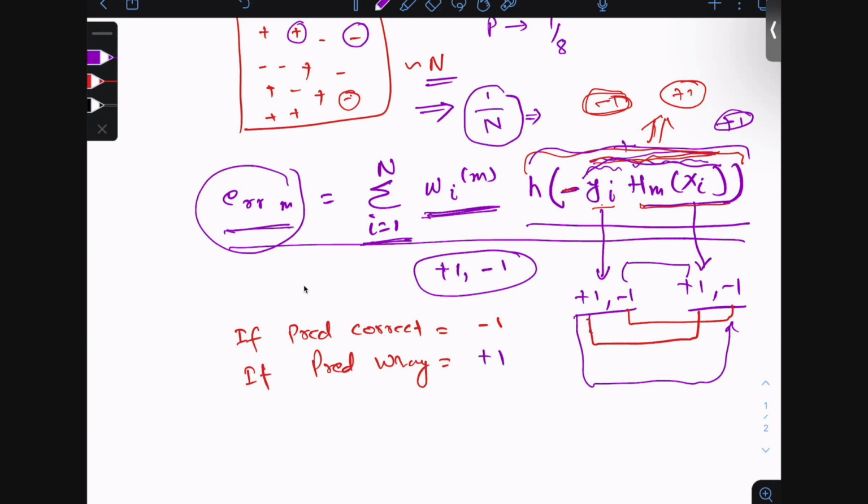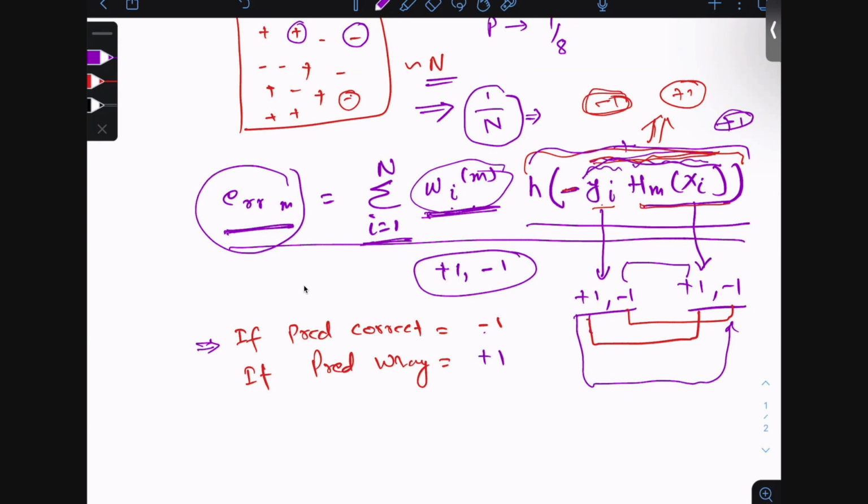What will be the effect on error? We'll come to know how this weight is calculated, but let's say this weight is a positive value. Then a positive value into -1 or a positive value into +1. If predictions are correct, it lowers the error because it becomes a negative value.